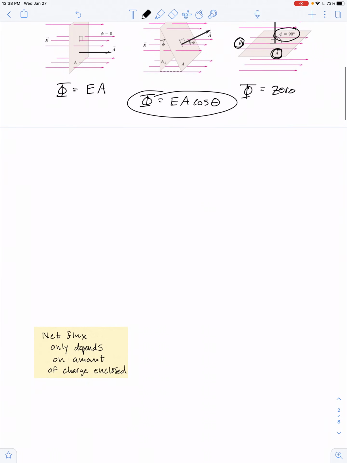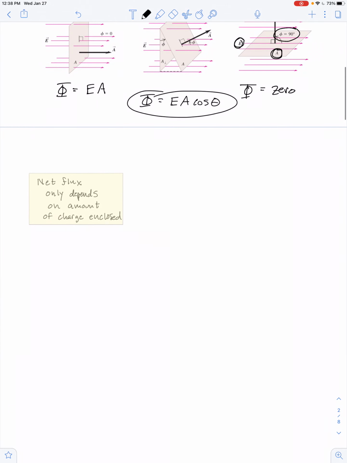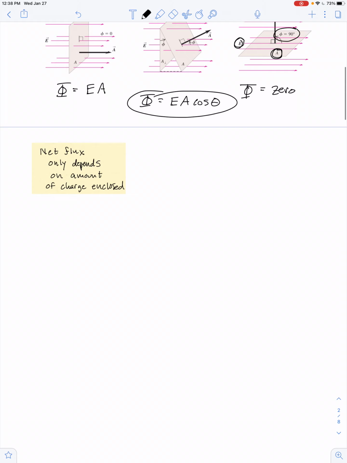Okay, another note to make about electric flux, and let me add a little caveat here, is that the net amount of flux through an enclosed surface only depends on the amount of charge enclosed by that surface. Now, what's the point of this?